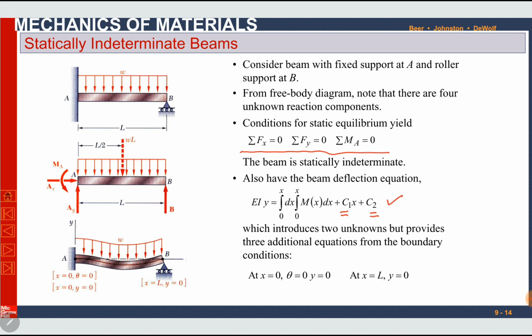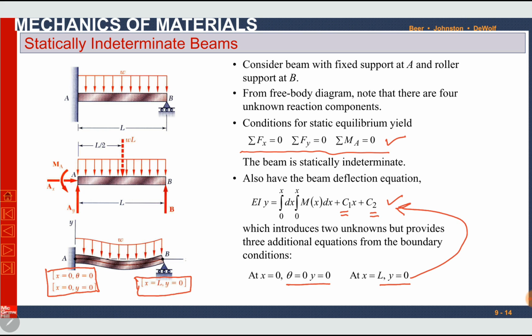But for this beam, at x equal to 0, we have theta equal to 0 and y equal to 0 because it is a fixed end. At x equal to L, we have y equal to 0. So we have 3 boundary conditions. We can put these 3 boundary conditions into this expression, which contains 2 unknowns.